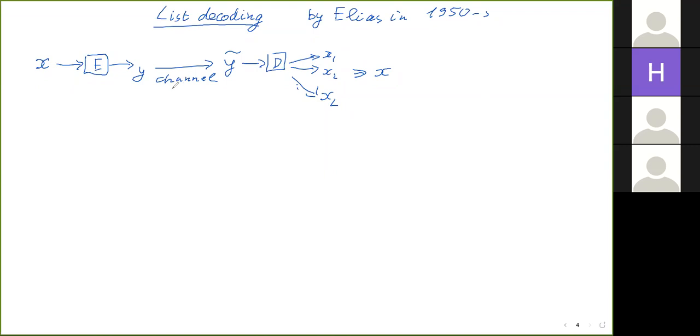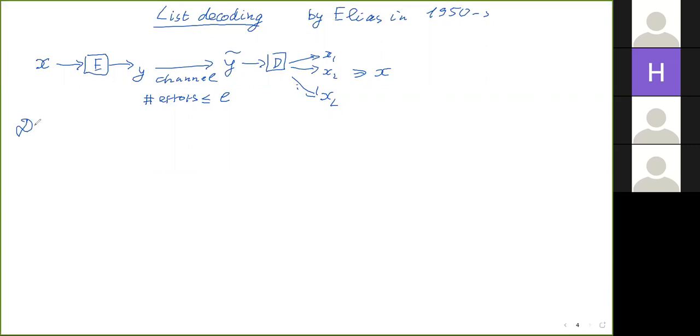And again, we will limit the cheating capacity of the channel. We assume that the number of errors is at most a certain known parameter E. We will call it E, L list decodable.